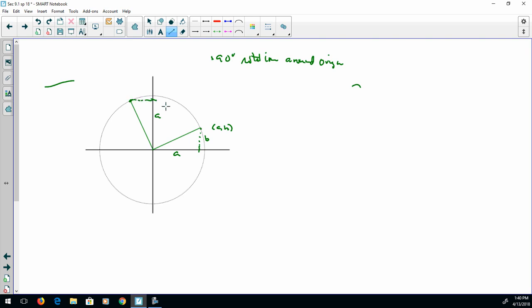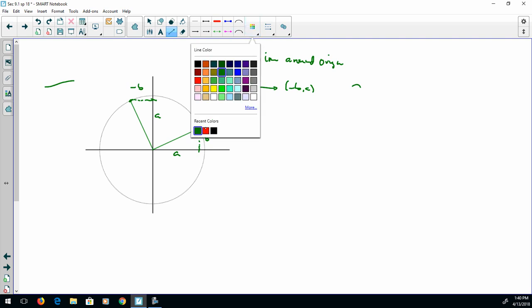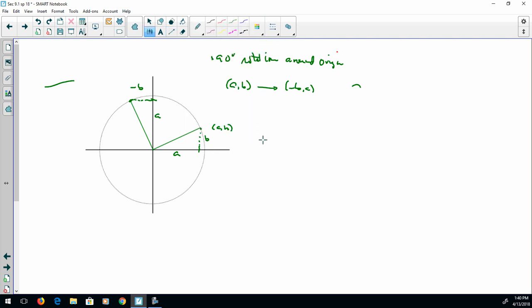What does a negative 90-degree rotation do? What does A, B go to in this case? Okay. Well, if you're doing a negative 90-degree rotation, okay, I need to change color here. Actually I got this backwards.